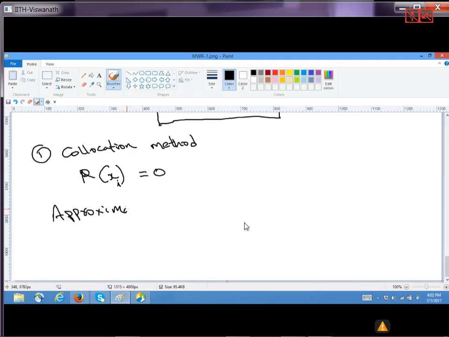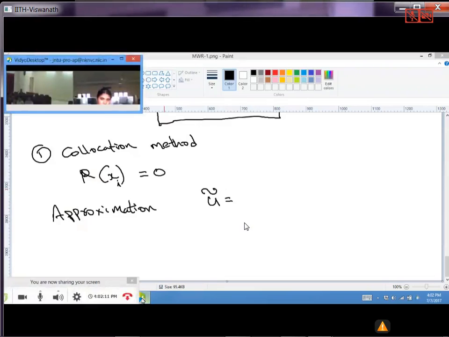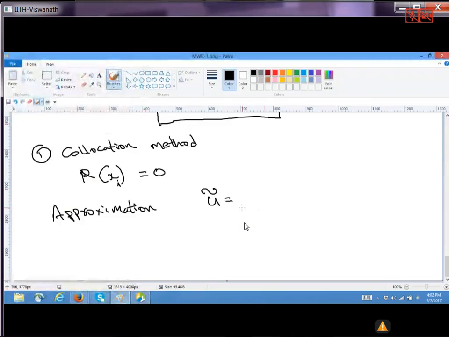So let's make an approximation as u tilde equals a naught plus a1 x plus a2 x squared.